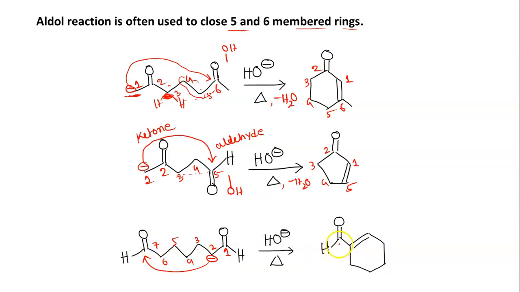So this is 1, this is 2, 3, 4, 5, 6, and the attack is at the 7 carbon. So this CHO will remain intact, and here the right-hand side is acting as the nucleophile, and the left-hand side is acting as the electrophile or acceptor. Fine. So in this way we can make a 5- or 6-membered ring by intramolecular aldol reaction.